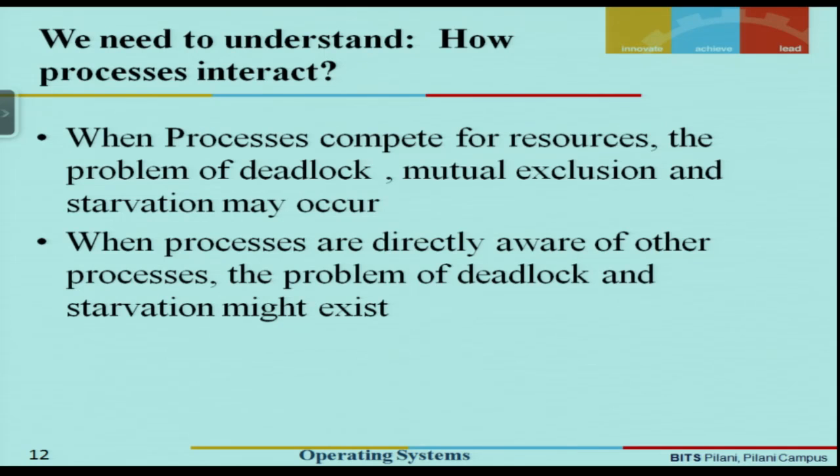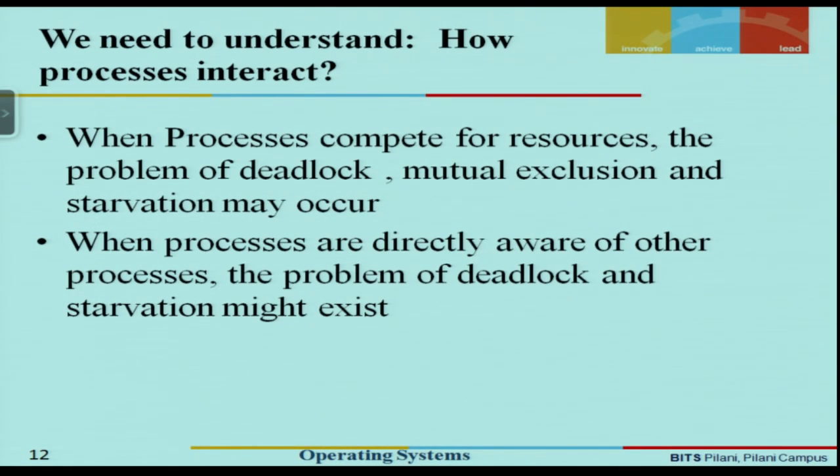So mutual exclusion is important, and we had already seen why starvation can occur. So we know that when processes compete, the problems of deadlock, mutual exclusion and starvation would occur.